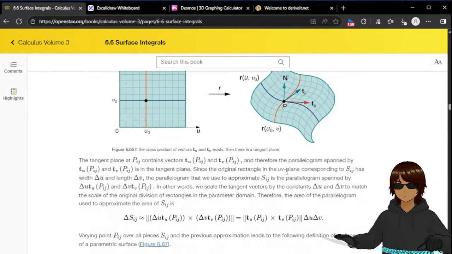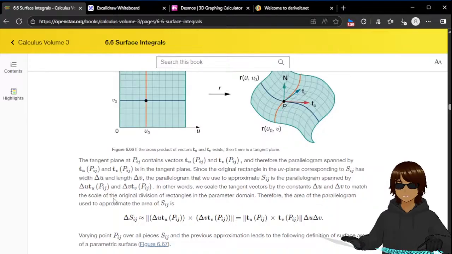Since the original rectangle in the UV plane corresponding to Sij has width delta U and length delta V, the parallelogram that we used to approximate Sij is the parallelogram spanned by delta U Tu and delta V Tv. In other words, we scale the tangent vectors by constants delta U and delta V to match the scale of the original division of the rectangles in the parameter domain.